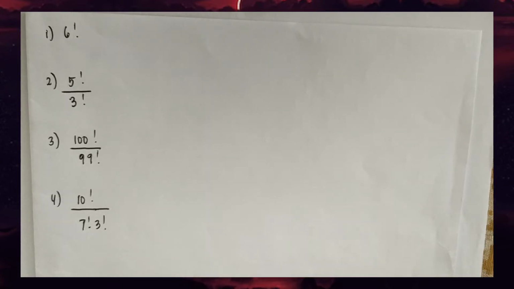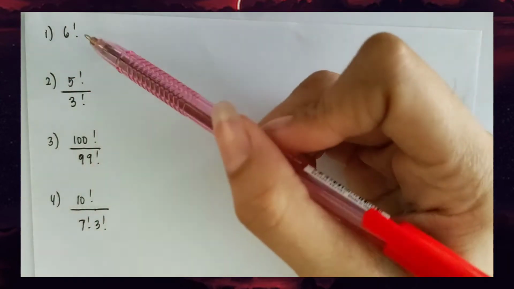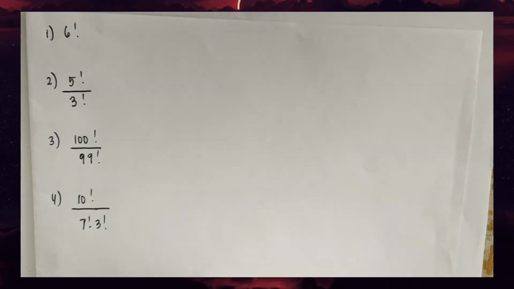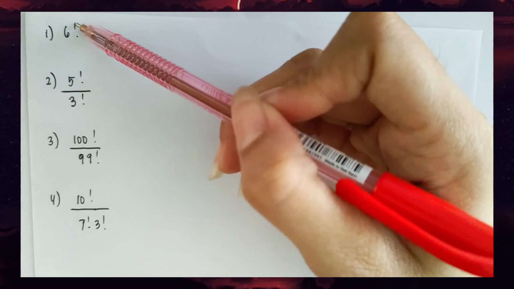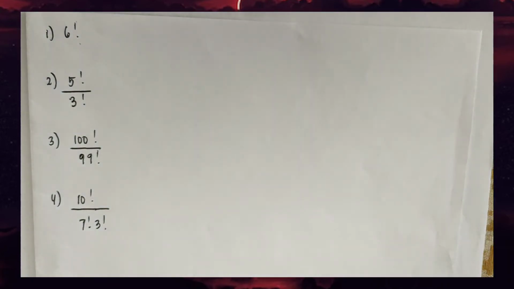Let us try to compute the following. Number 1, 6 factorial. When we say factorial, the symbol looks like an exclamation point. It says that we need to multiply all whole numbers from our chosen number down to 1.